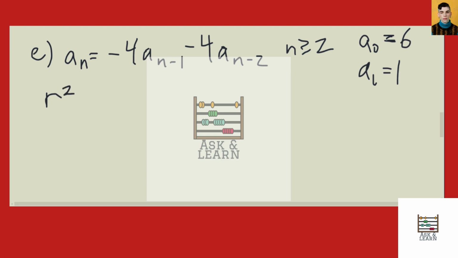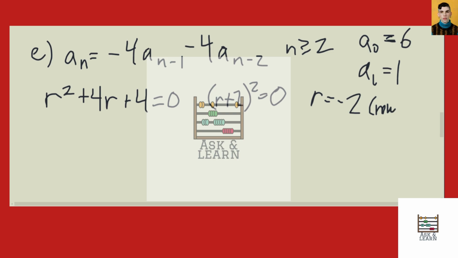The characteristic equation is r squared plus 4r plus 4 equals 0, which can be factored as (r plus 2) squared equals 0. And so the characteristic roots are simply r equals negative 2 with a multiplicity of 2.